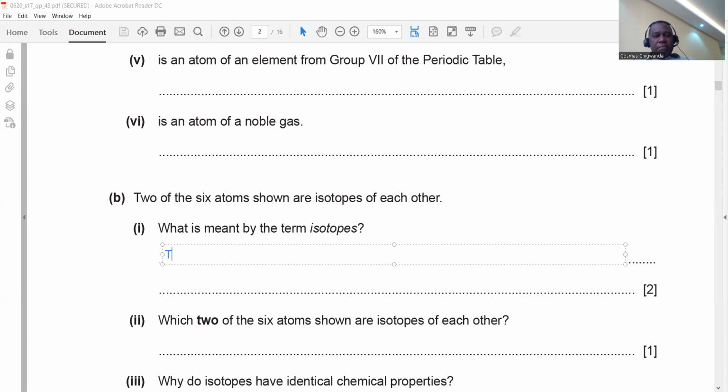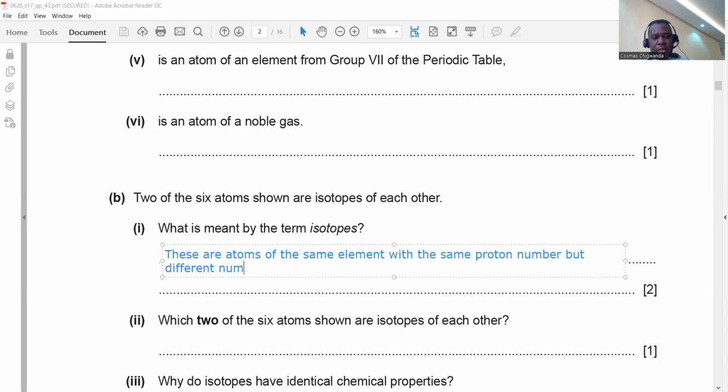Isotopes are atoms of the same element with the same proton number, but, this one is very important, different number of neutrons.